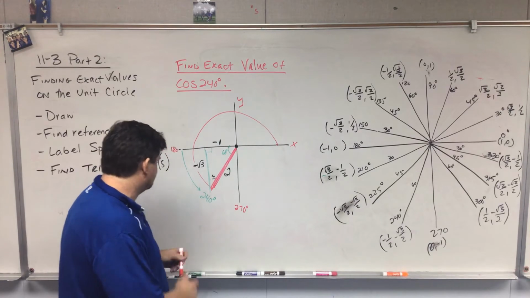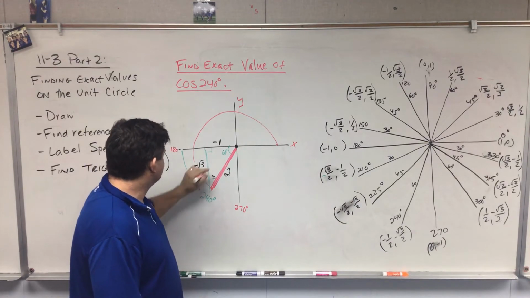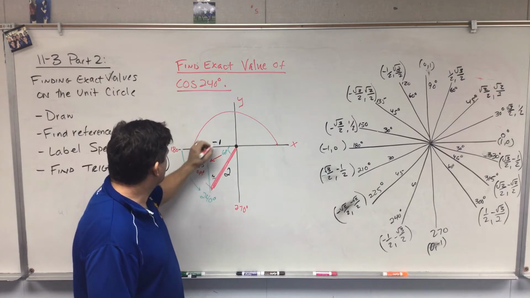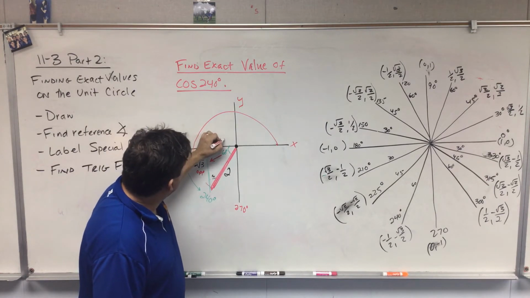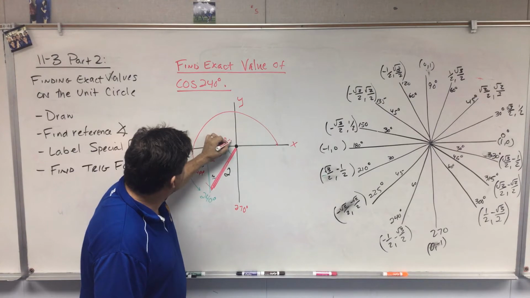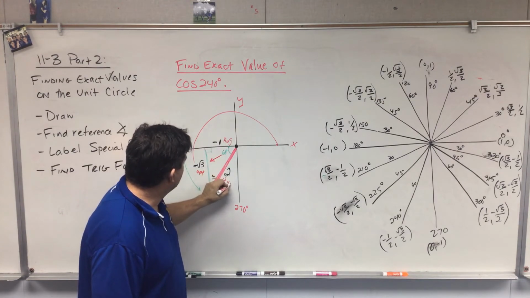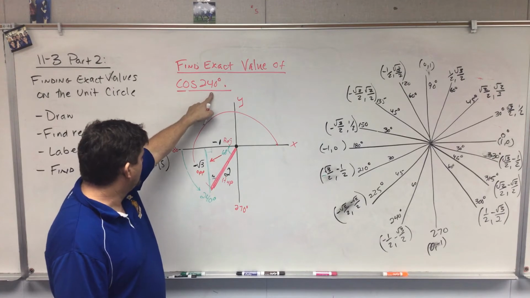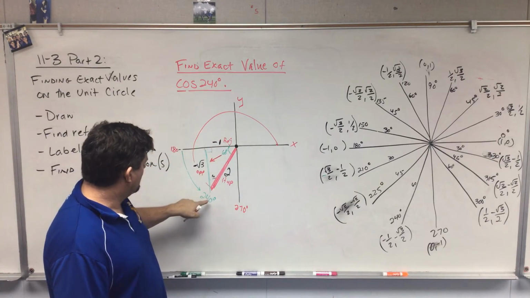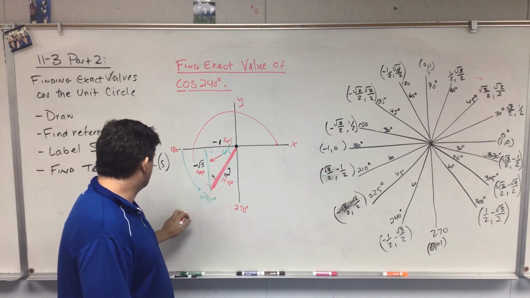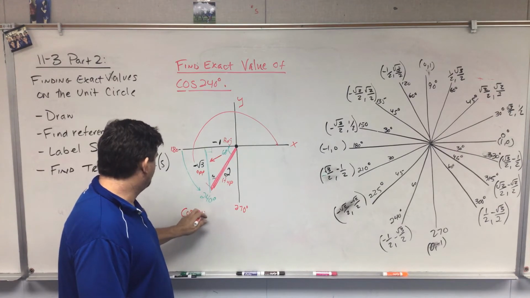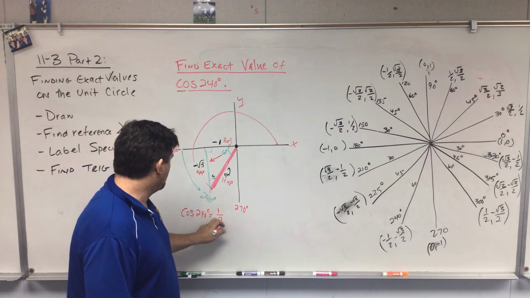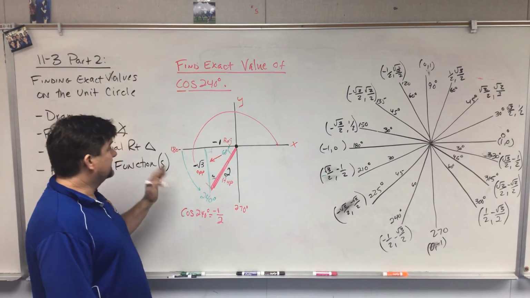So now we got to label these things. So if this is my reference angle, we have opposite, we have adjacent, and we have hypotenuse. So what's the cosine of 240? Adjacent over hypotenuse. So the cosine of 240 degrees is equal to -1/2. That's my answer. That's all I have to do.